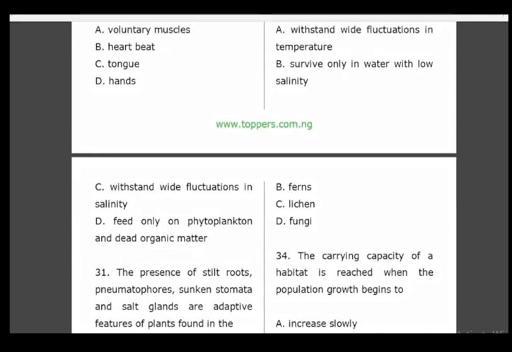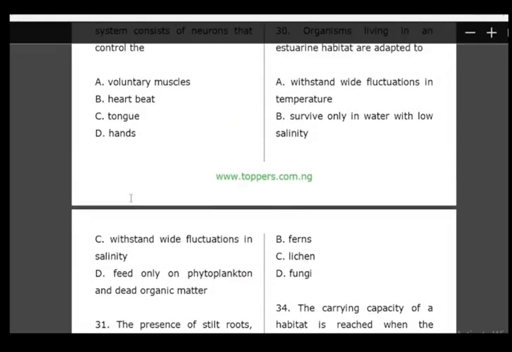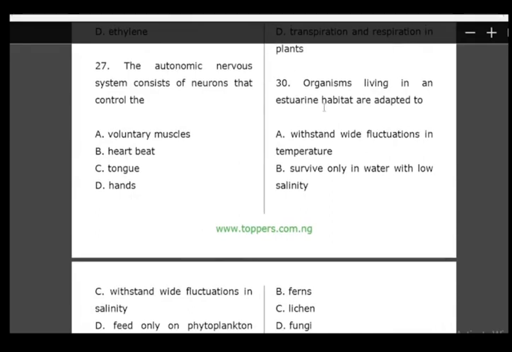To explain this particular question now, we need to understand what this estuarine habitat here is talking about. Now, we have different water bodies, so let us start with that. The water bodies are divided into two. We have the fresh water, and then we have the salt water.